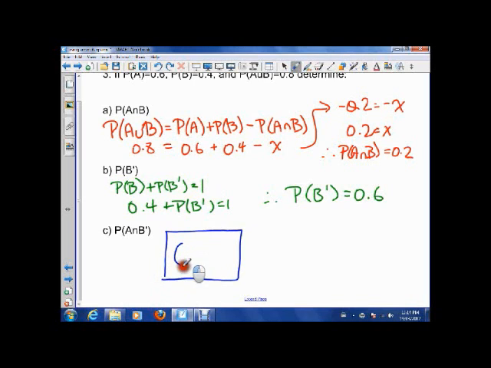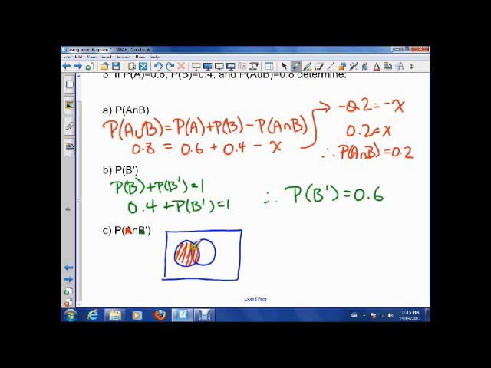So if I have A here and B here, and I want A intersect B prime, I want everything that's in both A and not in B. So in red, I'm going to color A. So here's A. And then in green, I'm going to do B prime.